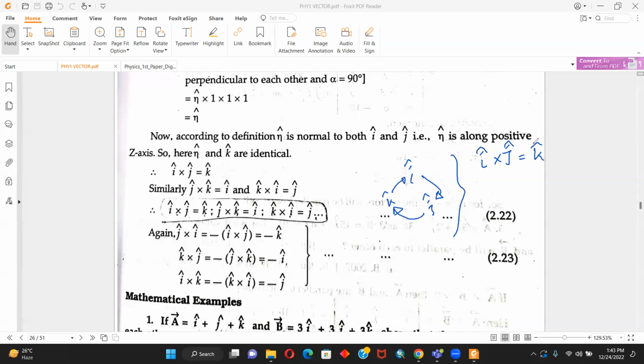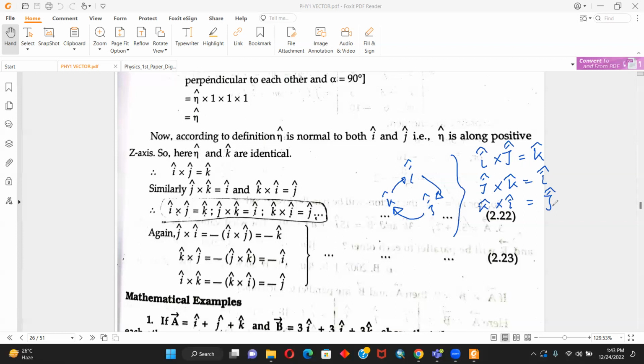J cap cross k cap equals I cap. And k cap cross I cap equals j cap. That means you will take the cross product of two of them and you will get the other as the resultant.